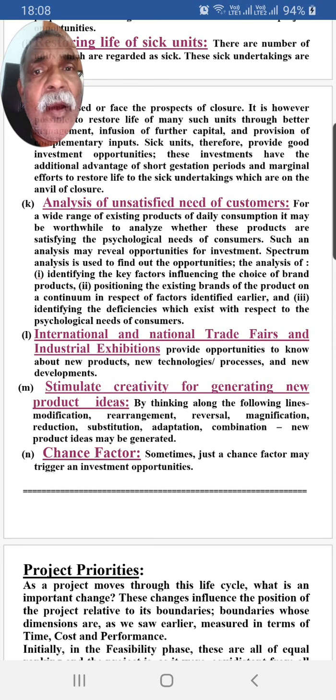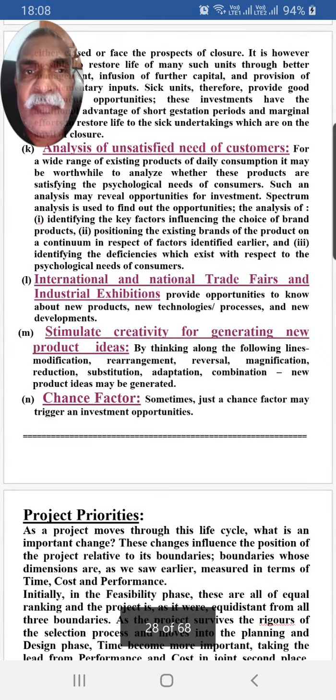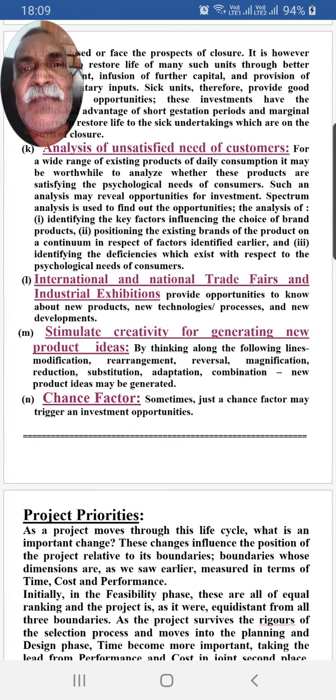Analysis of unsatisfied needs of customers. For a wide range of existing products of daily consumption, it may be worthwhile to analyze whether these products are satisfying the psychological needs of consumers. Such an analysis may reveal opportunities for investment. Spectrum analysis is used to find out the opportunities.